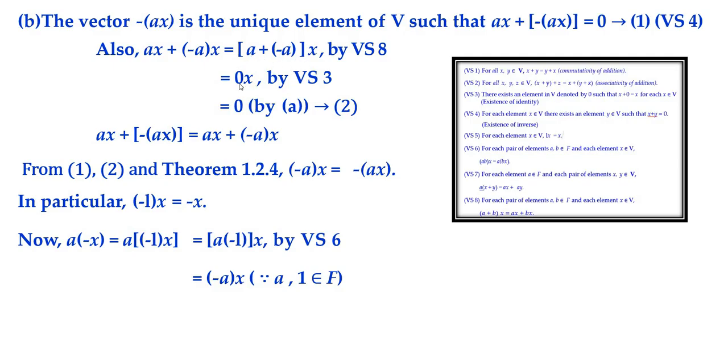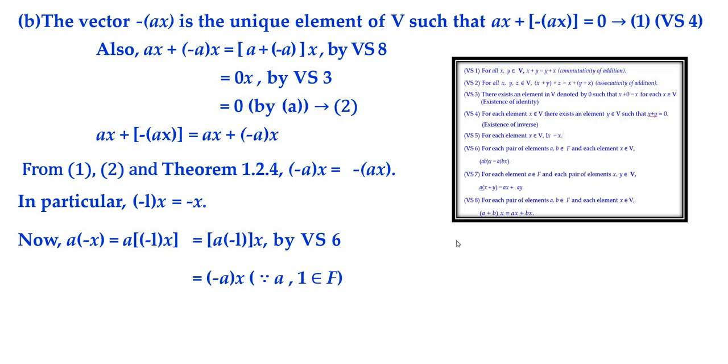This is scalar 0 and 0x. But 0x, just now we had, scalar 0 times vector x is vector 0. So ax plus (-a)x is 0. Here we have 0 vector and here also we have. So the LHS of both 1 and 2 can be equated.